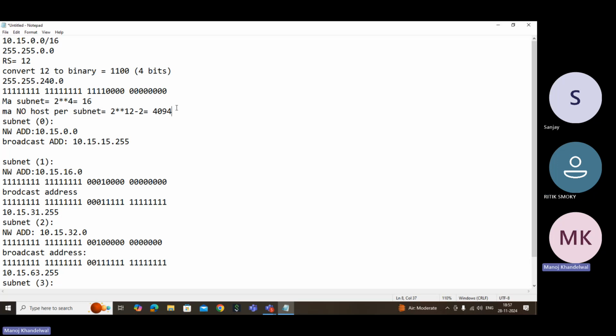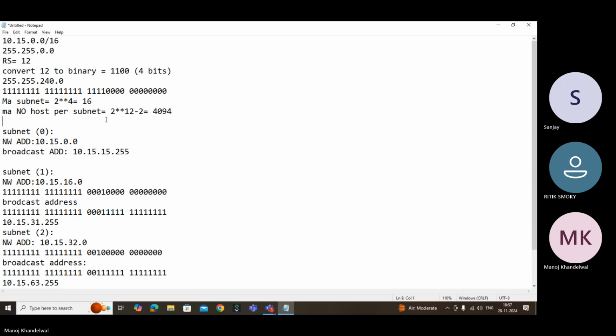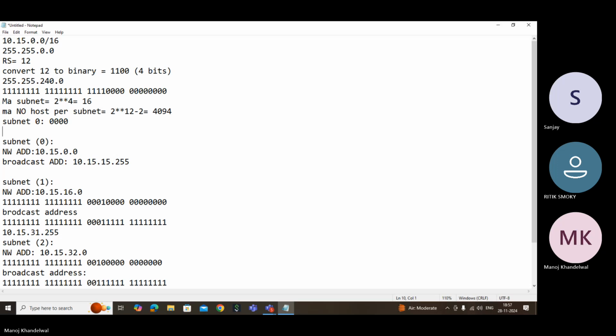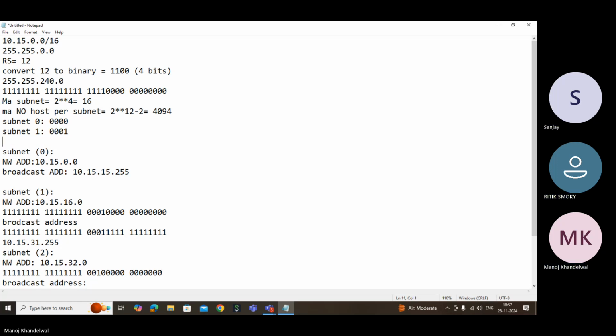Now we come to subnet 0. Just write subnet 0 in binary, 4 bits, because we have reserved 4 bits for that. So 0 is 0000. Subnet 1 in 4 bits is 0001.